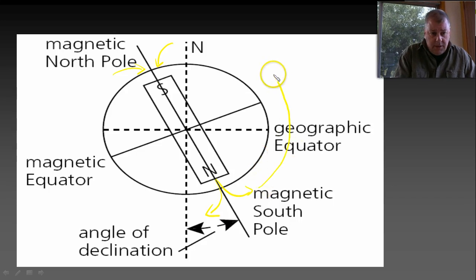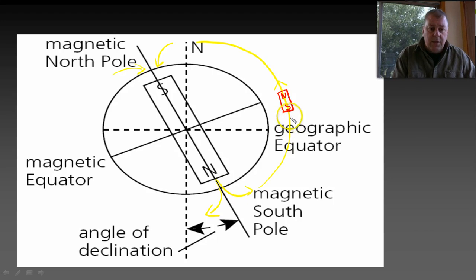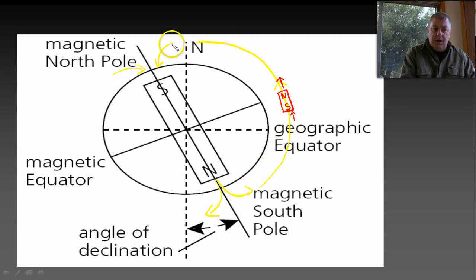if we extend this magnetic field line like so, because we've defined our magnets as being the north end is north seeking and the south end is south seeking, and we say that the magnetic field lines come out of the north of a bar magnet and into the south, you can see that this is the direction that the Earth's magnetic field must go.